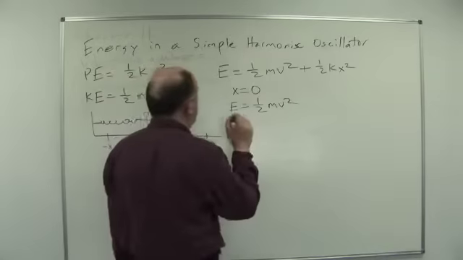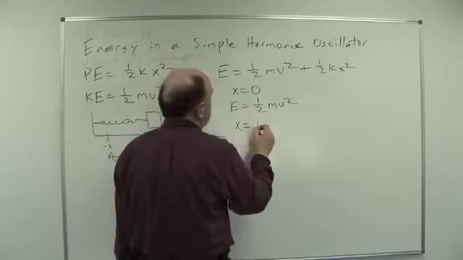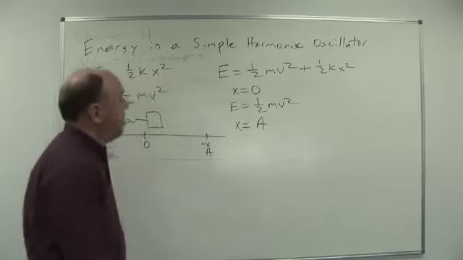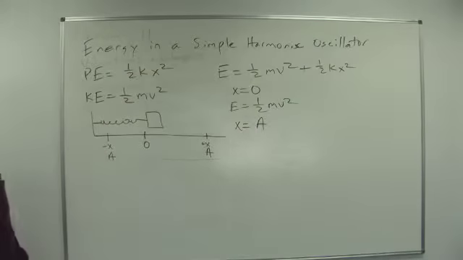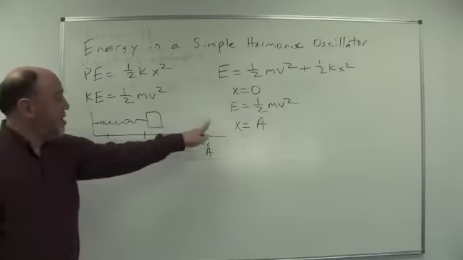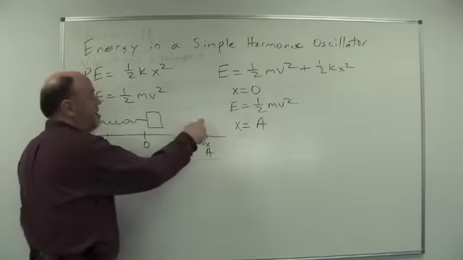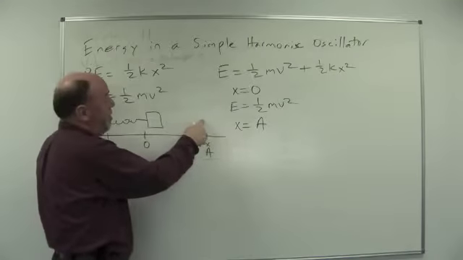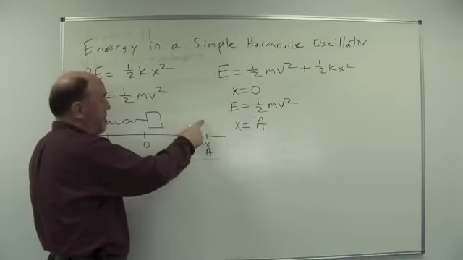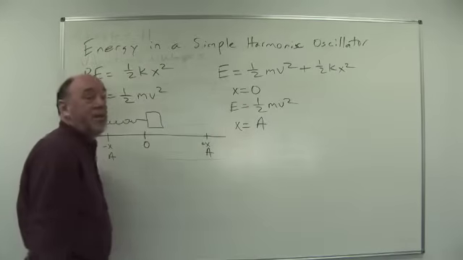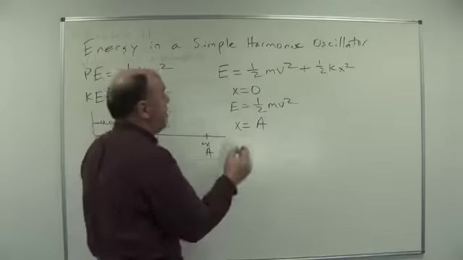So when we get to where x is equal to A, well, when x is equal to A, we're out here at the very end, and the spring is going this way. It gets here, and for a brief moment, the velocity will go to 0.